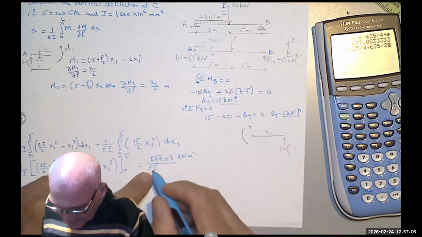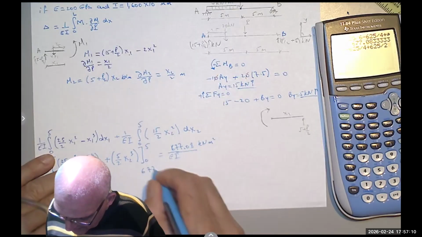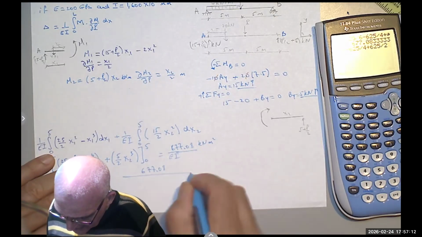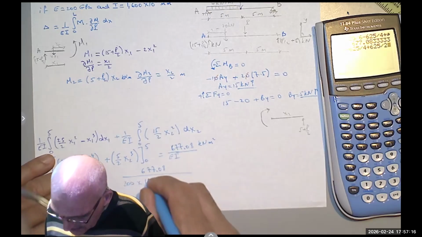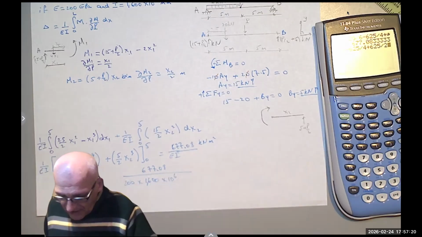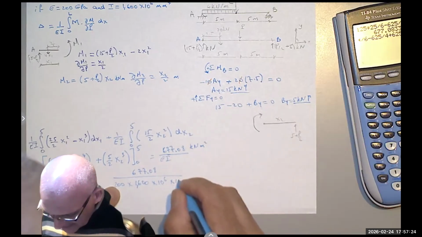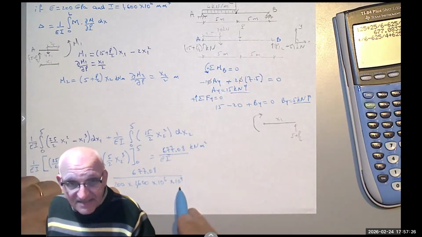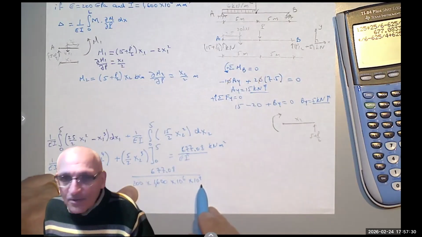The denominator, so we can say 677.08 divided by 200 times 1600 times 10 to the 6. Now, this is in megapascal. So we're going to multiply by 10 to the 9 to make it in Pascal. Pascal is Newton per square meter. We don't want square meter. We want square millimeter, right?